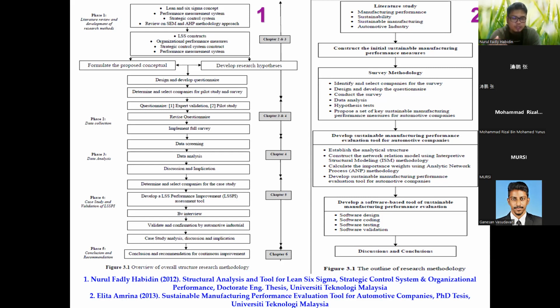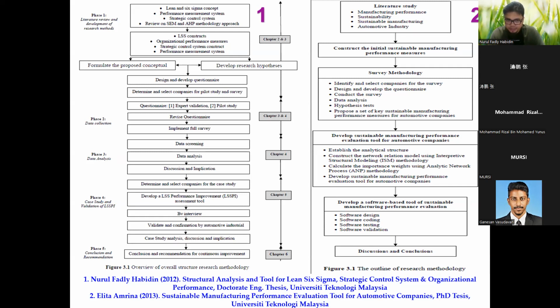Next, we also cover Lean Six Sigma structured organization performance measure, strategic control system, and performance measurement system, which in this phase 1 covers chapter 2 and chapter 3. In my case, these two methods, literature review and research method development, cover chapter 2 and chapter 3.